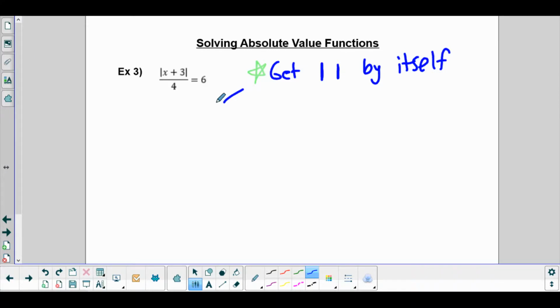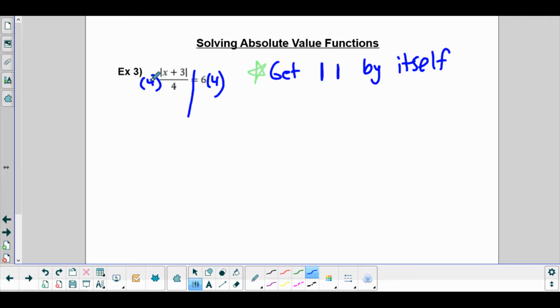So what is on the outside of the absolute value? Hopefully you see that on the outside I have this division by 4. I want to undo division by 4. What do I got to do? Good. I got to multiply by 4. I got to do it to both sides to keep the equation balanced.